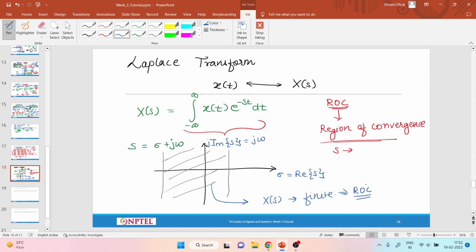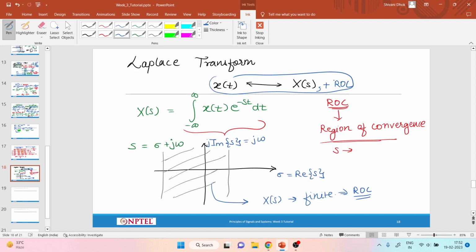Now your region of convergence depends wholly on how your x of t behaves, and only specifying x of s is not sufficient to uniquely recover your x of t. We need to specify x of s along with the ROC, and if I specify both, then x of s and ROC are unique pairs.